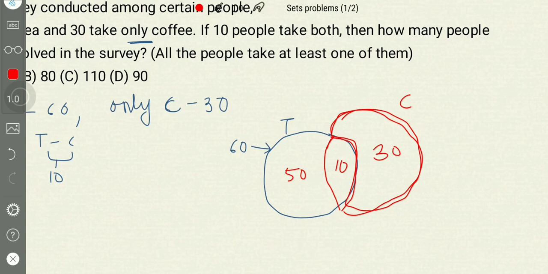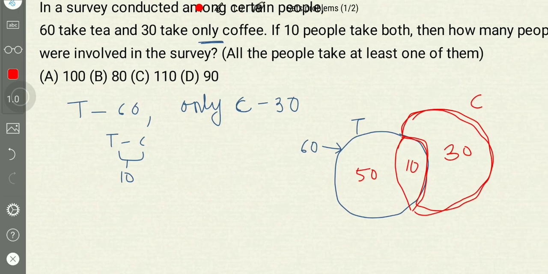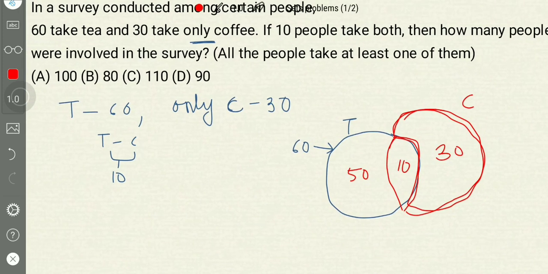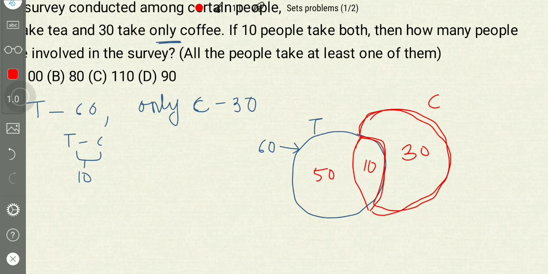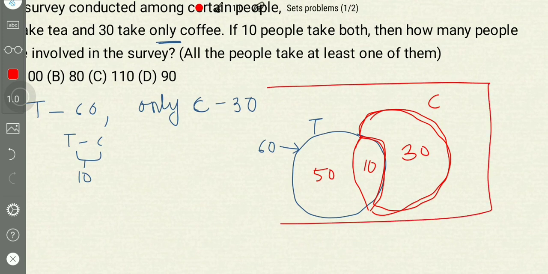Then what is the total number of people involved in the survey? If this is the universal set, this is tea, this is coffee, and 50 people take only tea, 30 people take only coffee, 10 people take both tea and coffee, and all people take at least one of them.